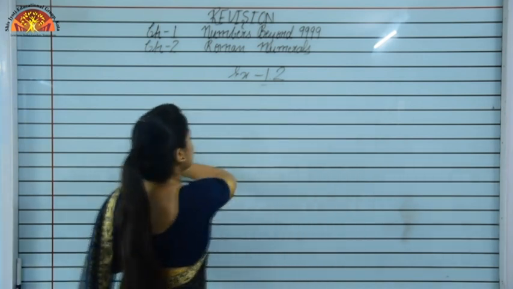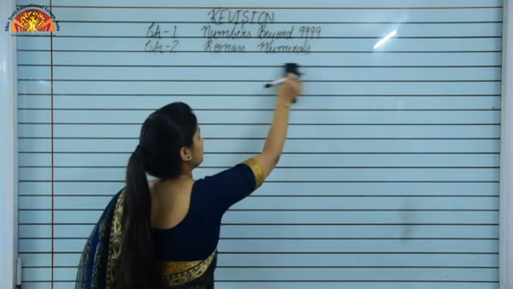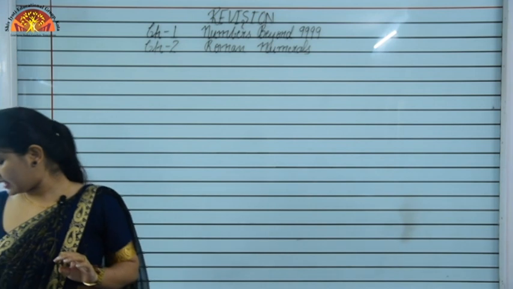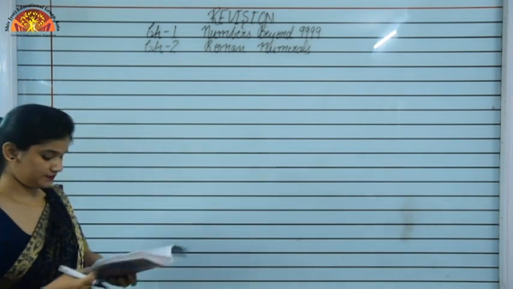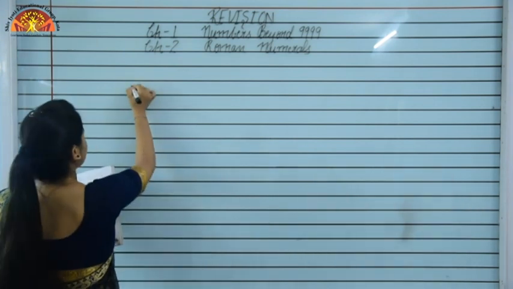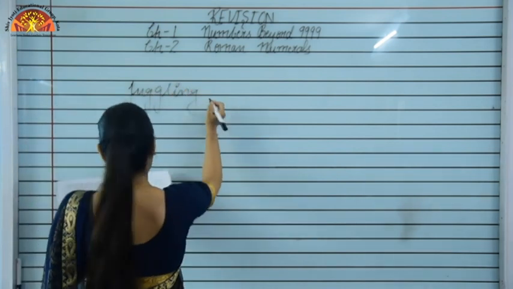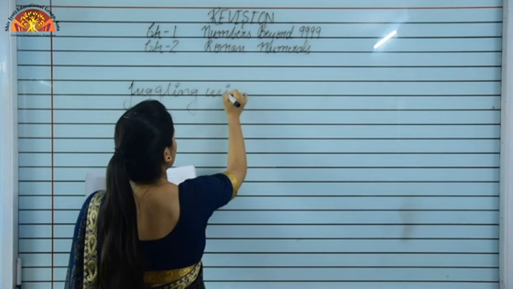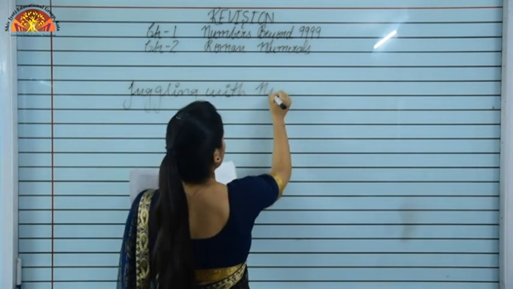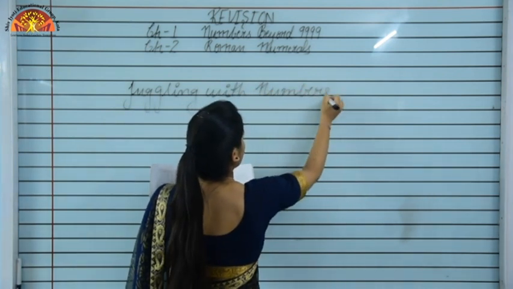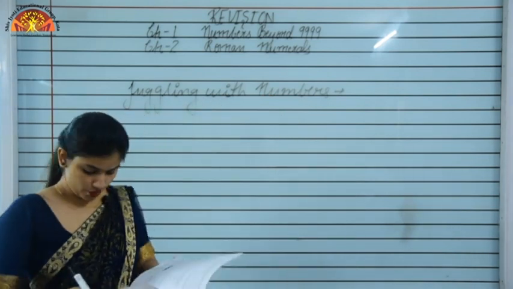Now we are coming to the next topic, that is juggling with numbers. So how can we do this?